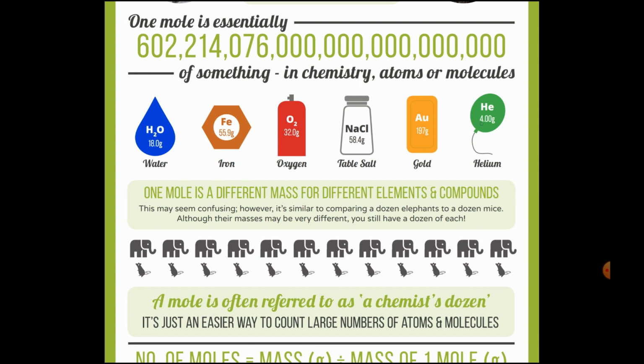You can see for different elements, you have different grams associated per mole. That's why on the periodic table, we refer to the relative atomic mass or the molar mass as grams per mole.